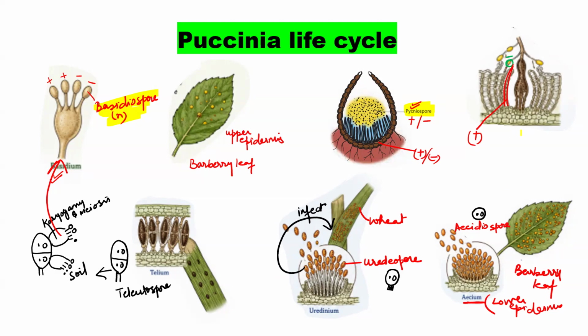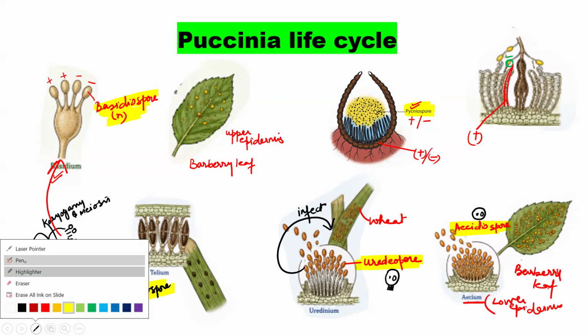And this pycniospore, after spermatization, goes for dikaryoticization to make aeciospore on the lower epidermis of the barberry leaf, which are infecting the wheat plant, and wheat is producing urediospore, which is again infecting wheat. And at later stages, the wheat plant will make teliospore, which is not infecting wheat, it is in the soil, and in the soil again it will produce basidiospore.